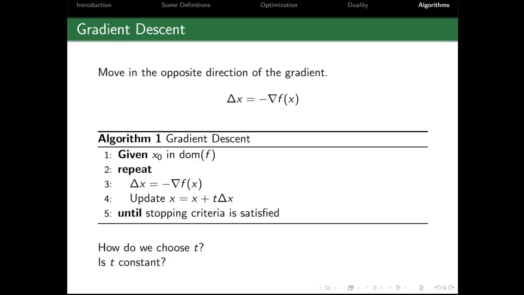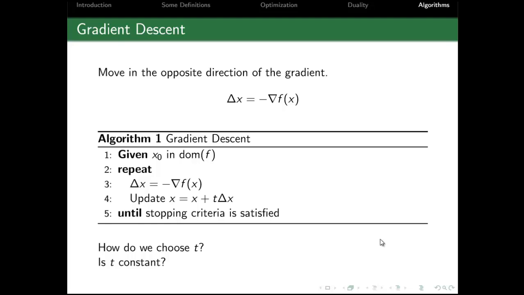The next question is, how do we choose t? Should t be constant? In the ideal case t should depend on the curvature of the function. If you look at the graph in the previous slide carefully, wherever there is low curvature you could afford to take larger steps, and wherever there's high curvature at the bottom, especially near the minimum, you should take small steps of t so that you don't jump over the minimum value.